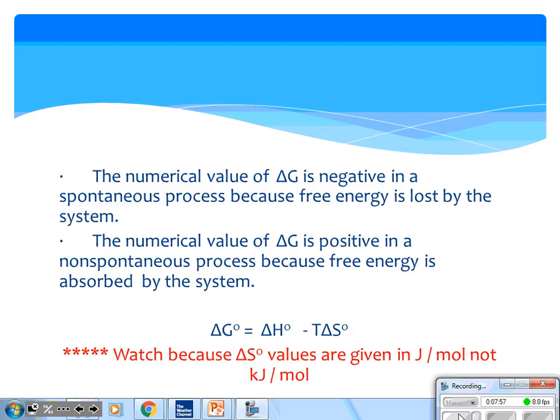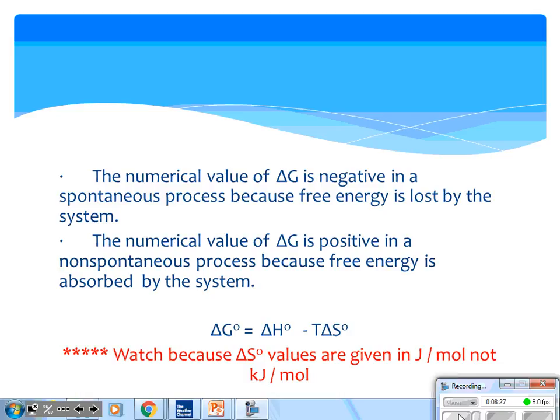And down there in the bottom in red, put an asterisk by that, circle it, do whatever you have to do, but you need to make a mental note, because on your data tables, entropy values are given in joules per mole, not kilojoules.